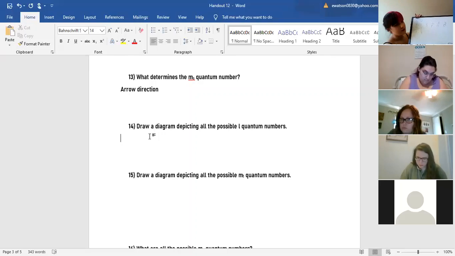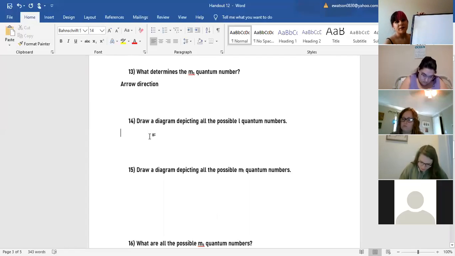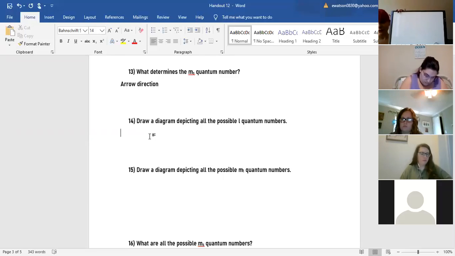So does everyone feel comfortable with this? Cool. So now draw a diagram depicting all of the possible L quantum numbers. I'm going to move my laptop so you can see this better. This is why I really like drawing out my orbital diagrams.